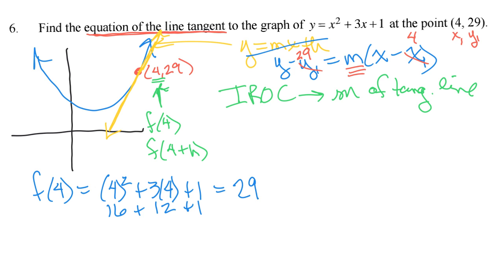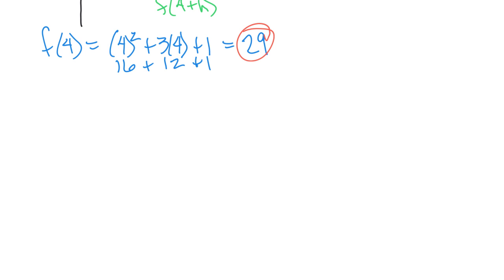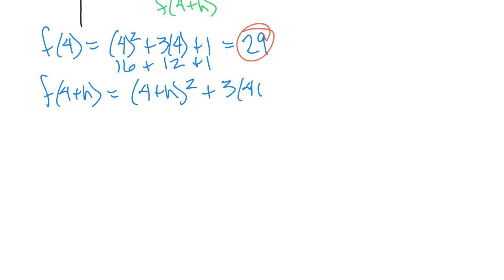Then we need to find f of 4 plus h, which will be (4 plus h) quantity squared plus 3 times (4 plus h) plus 1. Expanding (4 plus h) quantity squared, we're going to get 16 plus 8h plus h squared.